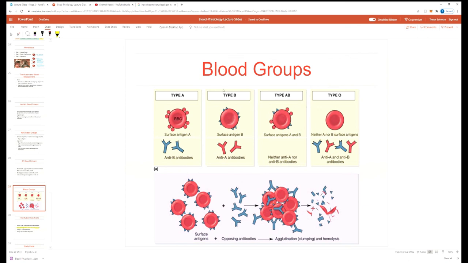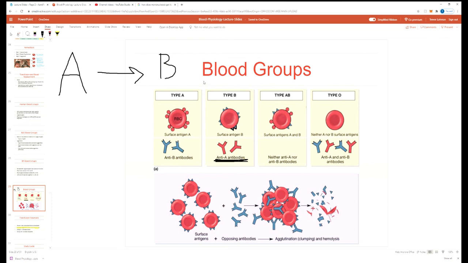So let's say we give type A blood to someone with type B blood. The person with B blood has surface antigen B, and it has anti-A antibodies.